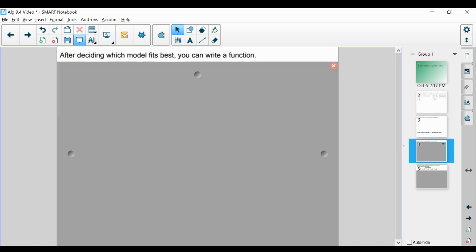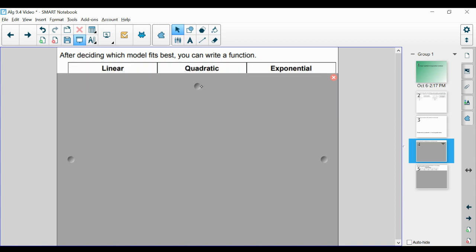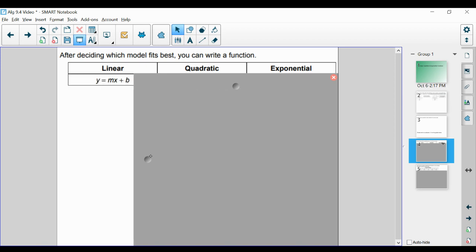So after deciding which model fits best, you can write an actual function. Let's review those functions. We have a linear function, quadratic function, and an exponential. Remember that normally our linear functions are of the form y equals mx plus b. That's slope-intercept form.